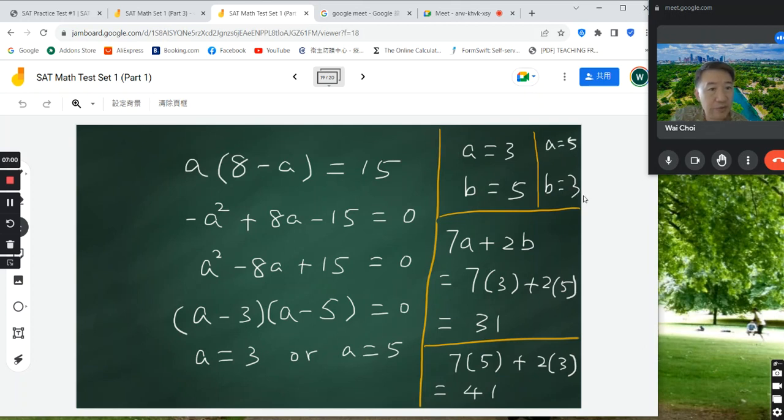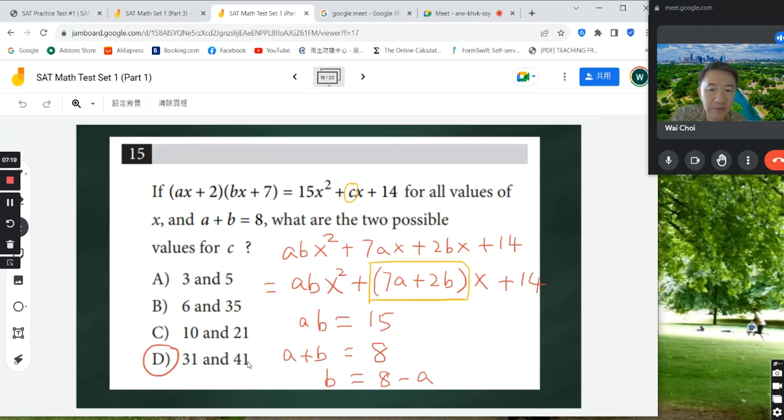And when you do the substitution, 7 times 5 plus 2 times 3, evaluating this expression using the new values of a and b, we got 41. And this is where this 41 comes from. So I think this is one of the more difficult questions on this test.